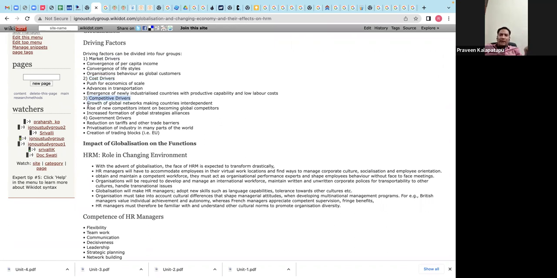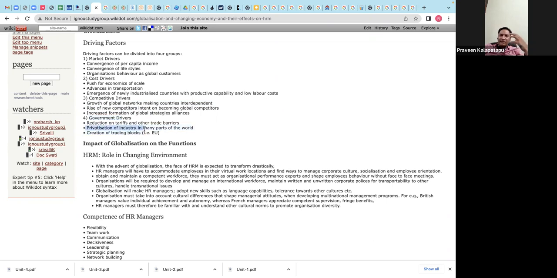Second is competitive drivers, right? So maybe you have lesser competition there, you have better partnerships over there. So those are competitive drivers. Fourth one is government drivers. So basically you have laws or tariffs or taxes which are in your favor.